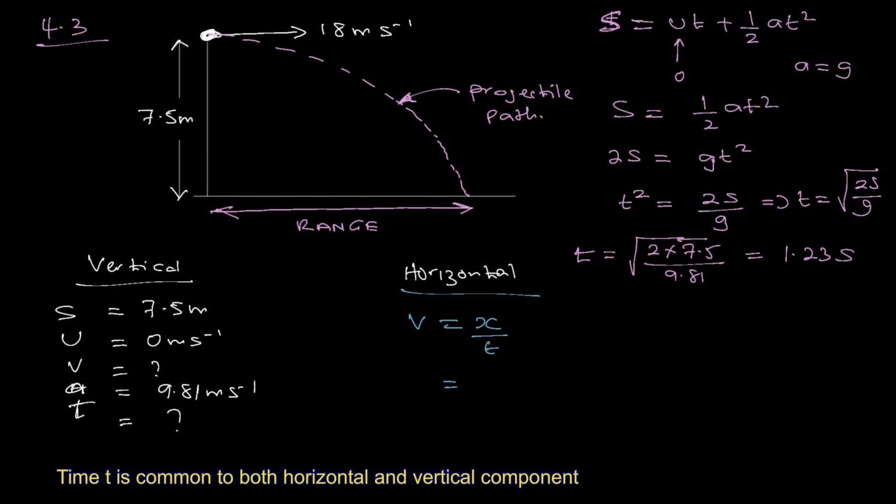So I can say now that vt equals x. So x will be equal to the velocity, which is 18 meters per second, times the time, which is 1.23, and that gives 22 meters. So therefore, the range that we're looking for is x equals 22 meters.